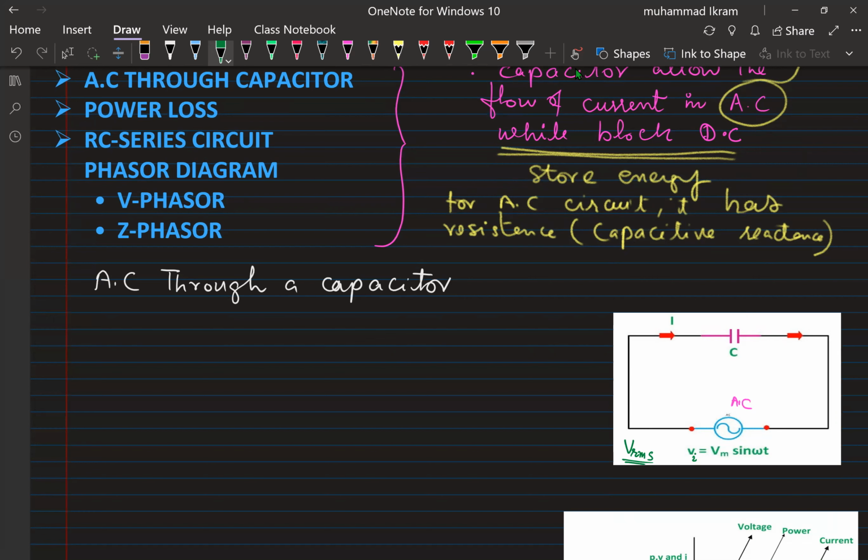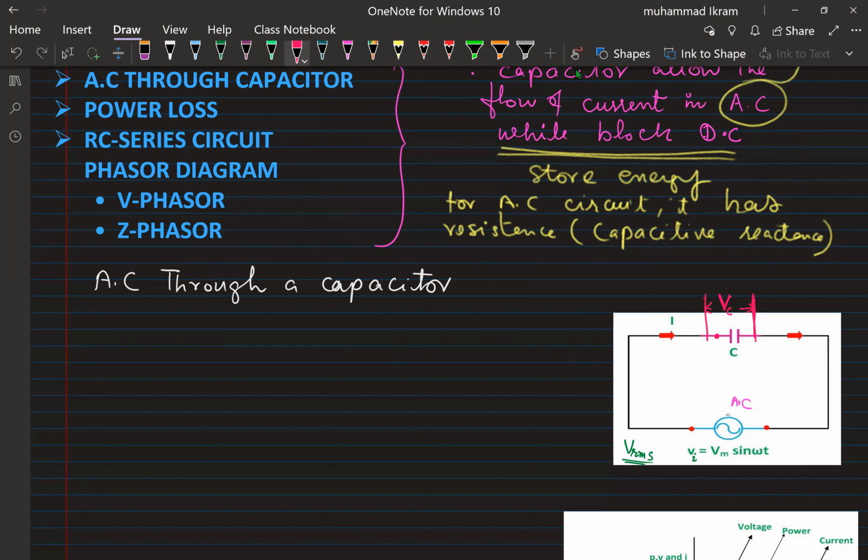Now you see that there is the capacitor, and definitely there will be a potential drop across this capacitor, and that potential drop I will label as VC.